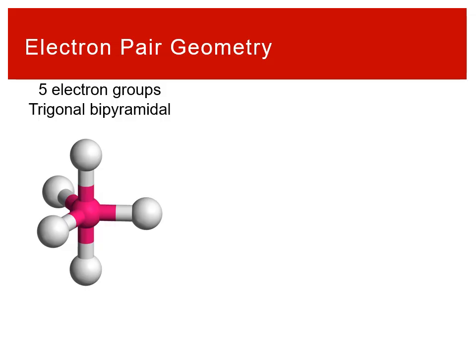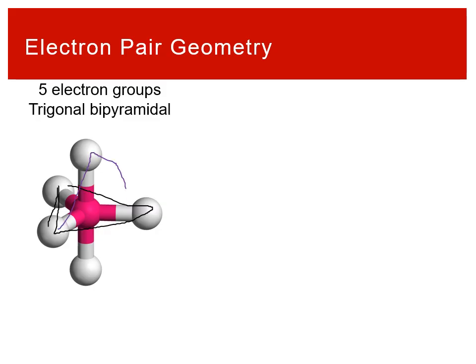So 5 electron groups is trigonal bipyramidal. This is the arrangement that if you have 5 things, this is what they'll form. The name comes from the fact that trigonal is this, 1, 2, 3. Those 3 atoms are in a plane, so they are flat. And then bi is 2, and pyramidal, there are 2 pyramids.